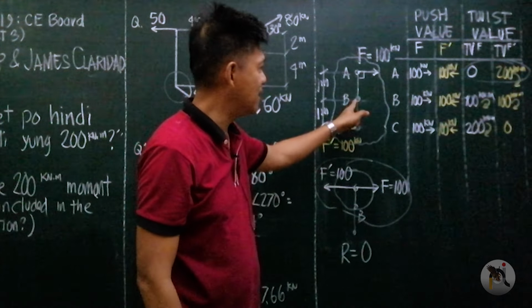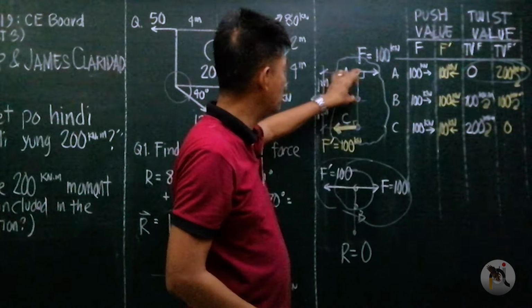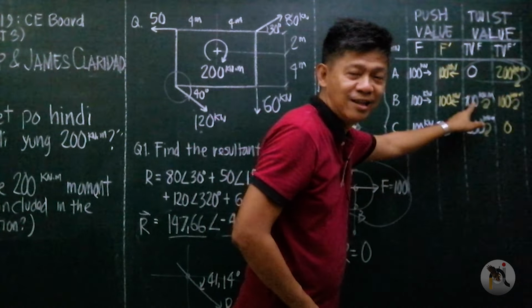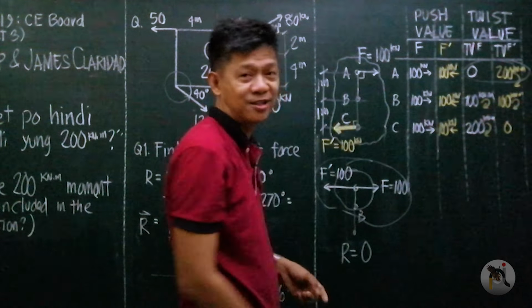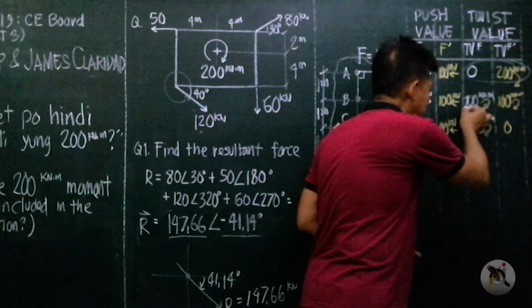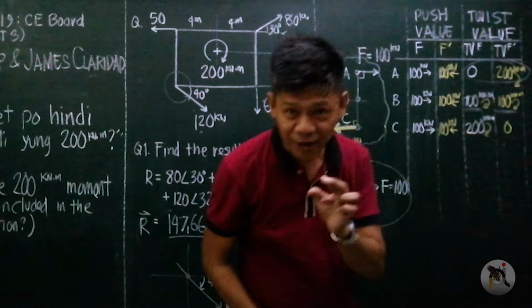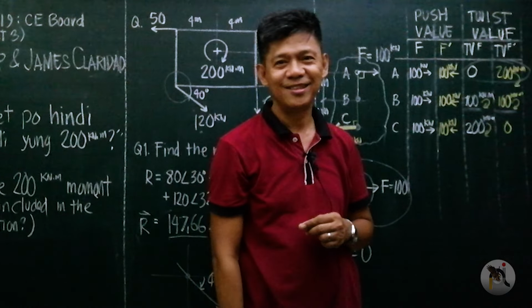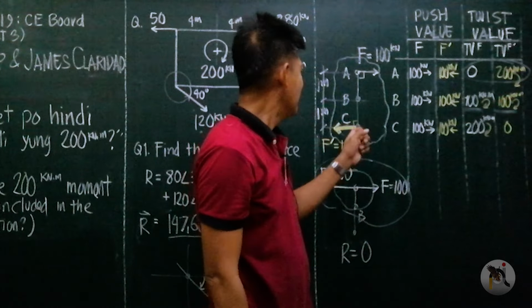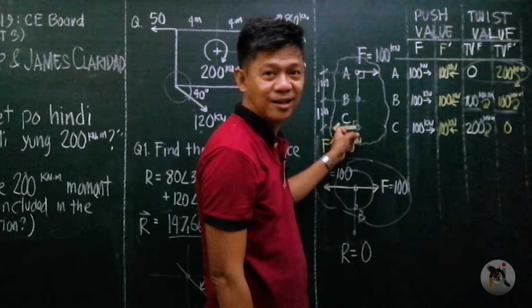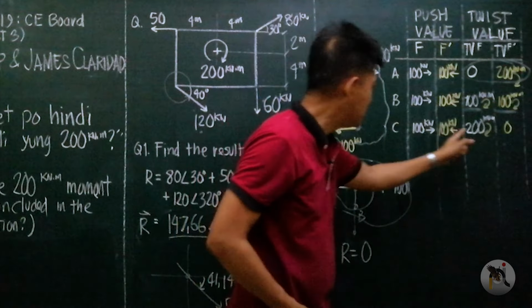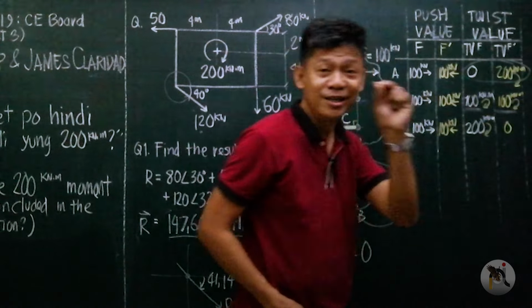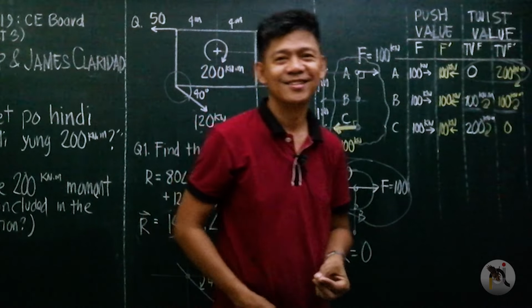At point B, the twist value of F is 100. The twist value of F prime is also 100. So the resultant is 100 plus 100, 200. Right? So at point C, the resultant twist value of F and F prime is 200 plus 0. It's 200.